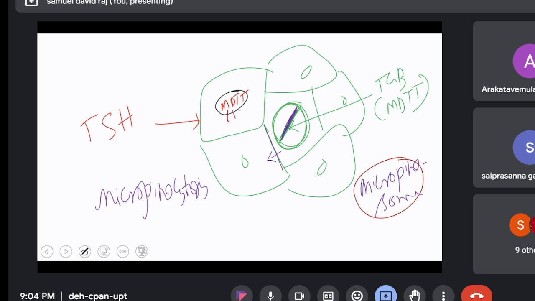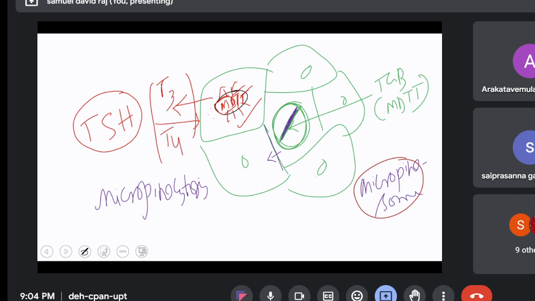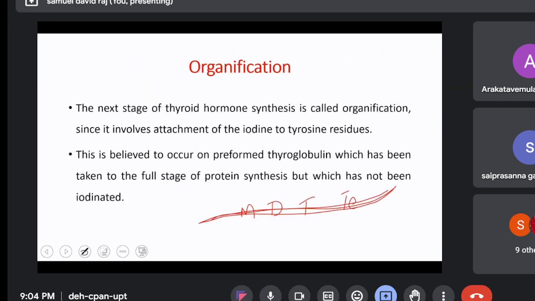Because they are simple amino acids, they come into the cell. From there, they are transported into the blood circulation. However, mono and diiodothyronines are not secreted because TSH influences the secretion of tri and tetraiodothyronines only. Mono and diiodothyronines are reutilized in the cell, whereas T3 and T4 are released into the normal circulation.